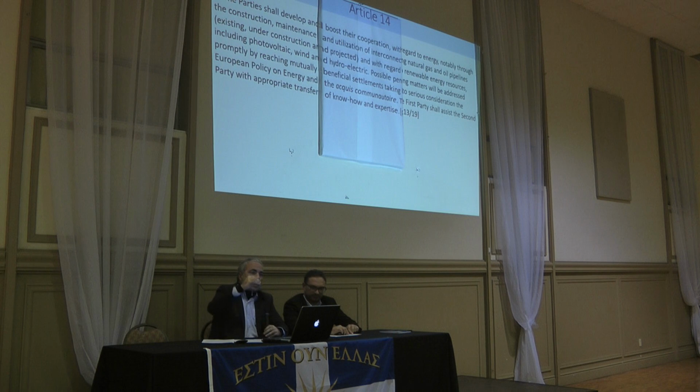So, they give us nothing. Nothing. But we are generous. We will give them the construction, the maintenance, the utilization of interconnecting natural gas and oil pipelines. Be careful. Existing, under construction, and projected. Even the next step. We will give, don't worry, also renewable energy resources, including photovoltaic, wind, and hydroelectric energy.